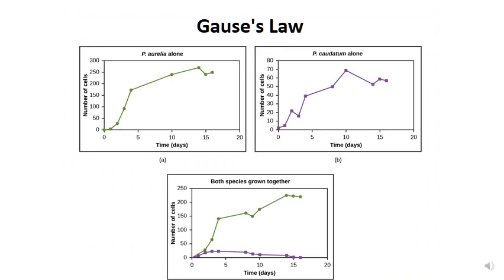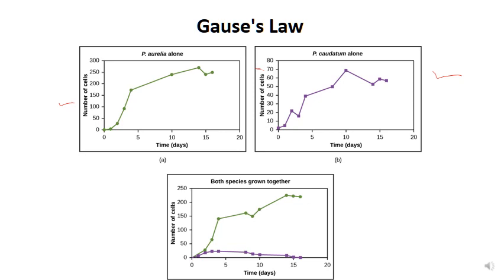A famous example of the competitive exclusion principle has been shown here in two figures. In one figure there is the species Paramecium aurelia, and in the second it is Paramecium caudatum. Aurelia is more than 250 cis species, and caudatum is about 70 cis species.